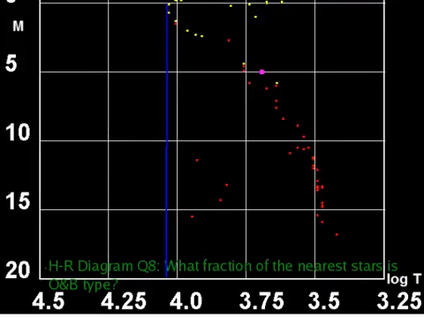Okay, so our fraction again would be, and just abbreviate that, number of O and B divided by total number of the red dots.